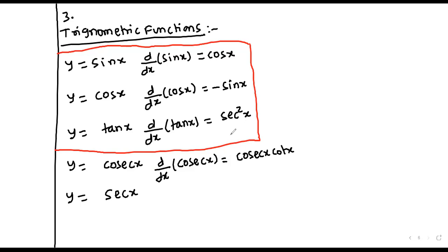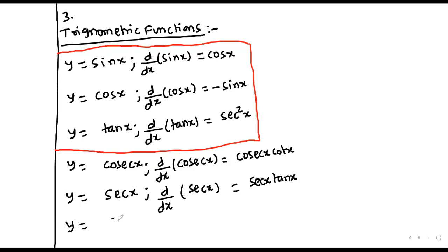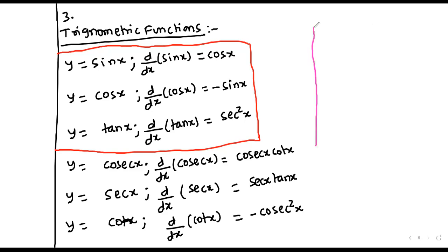Every time in every chapter, we'll use any one formula. d by dx of secant x means secant x tan x, and y is equal to cot x. d by dx of cot x is minus cosecant square x. These are the formulas of the trigonometric functions.